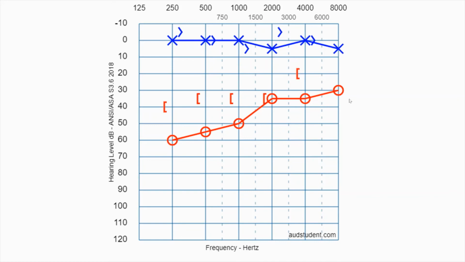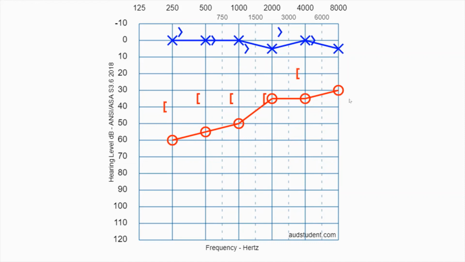Now let's reshape it into our 5 adjectives to describe an audiogram. We already discerned laterality and symmetry through our first question.